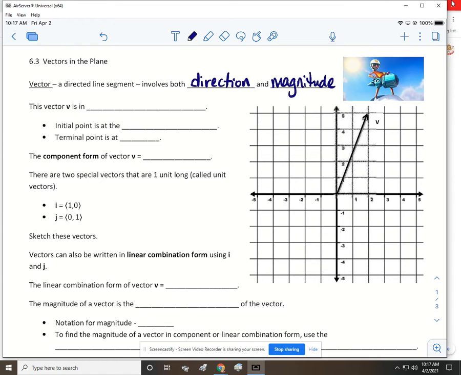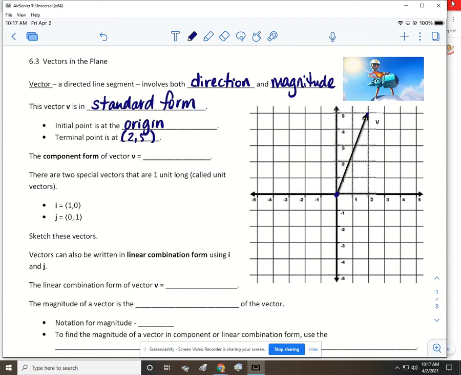But anyway, I have a graph of a vector. And this vector that I graphed on the coordinate plane is in what's called standard form. And that's when the initial point, so where the vector starts, is at the origin. And this particular vector, the terminal point is at (2, 5). Right?